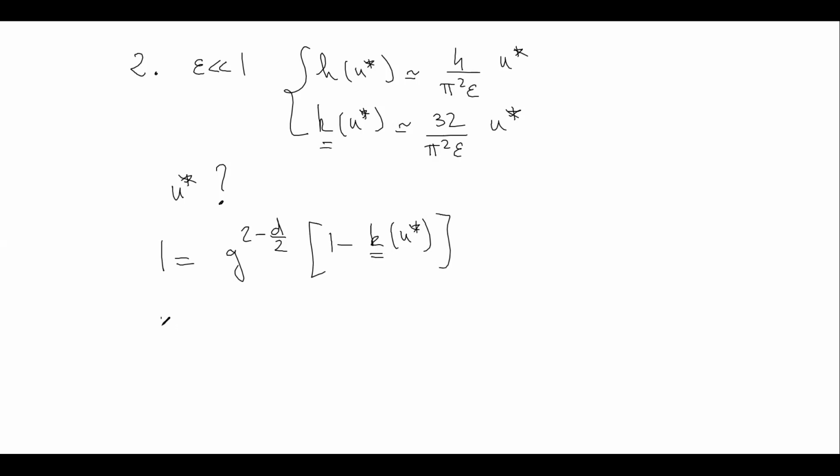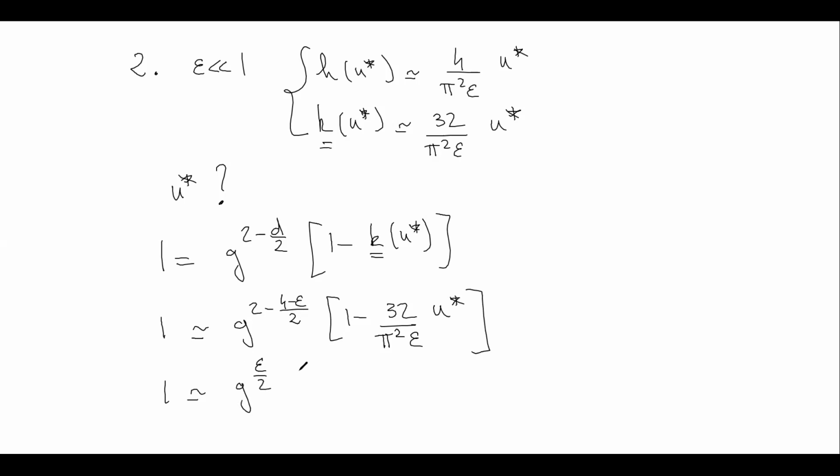So this is G to the power 4 minus D, so it's again epsilon, times 1 minus 32 pi squared epsilon U star. All right. So I can just recast this into G to the power epsilon over 2, and then this other function of epsilon.